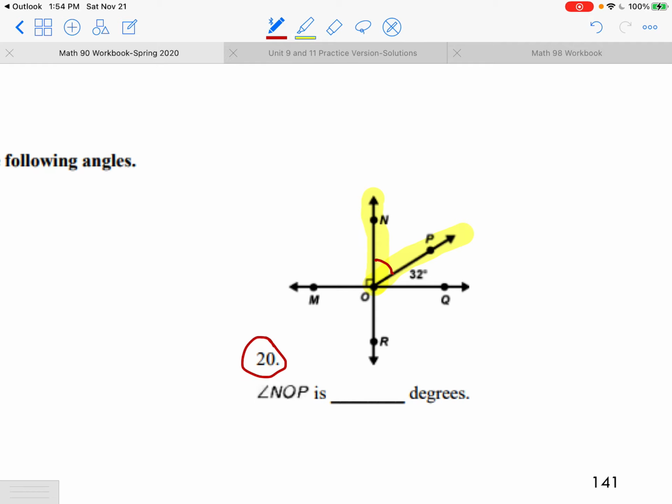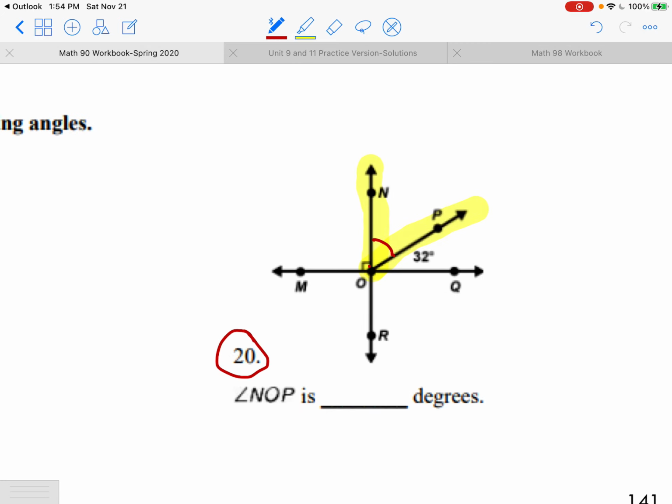One thing we can see is this right angle measure over here, which means the other side is also a right angle. So we can look at angle NOQ, and we know that it is 90 degrees.